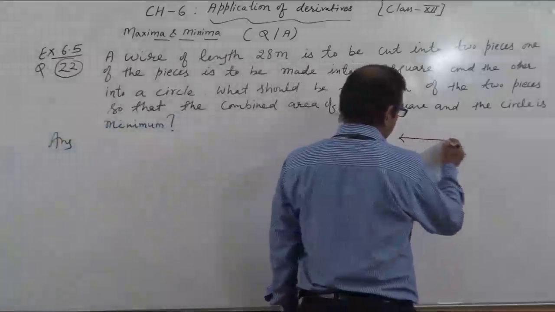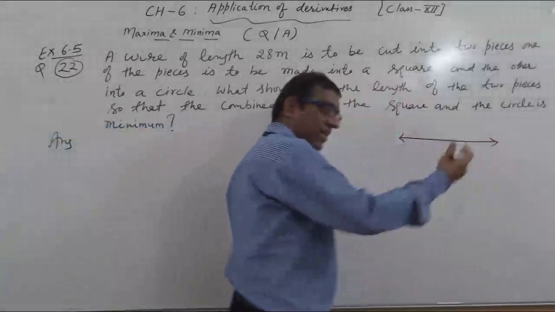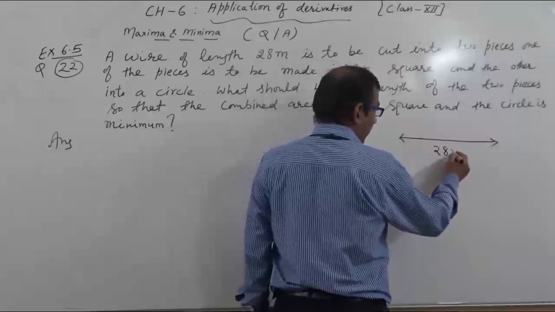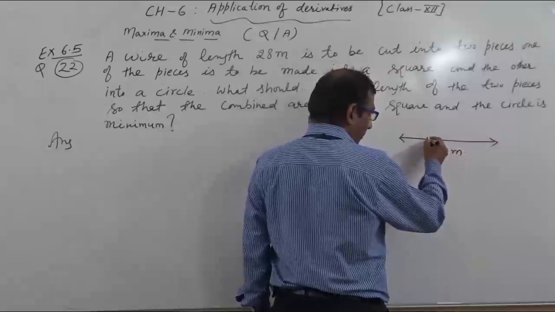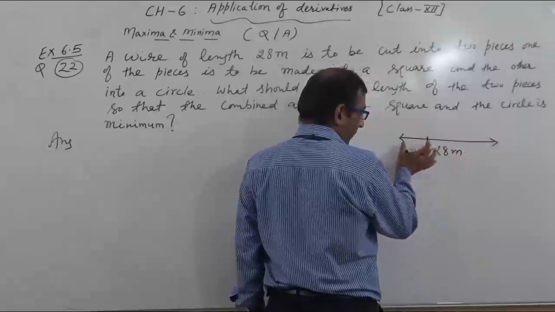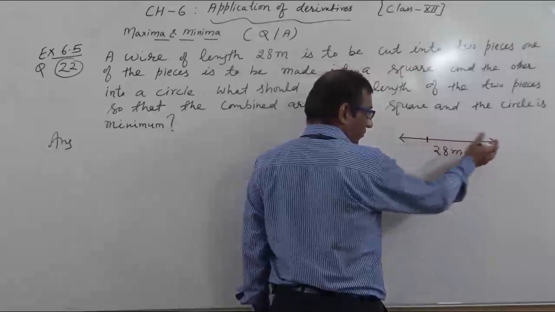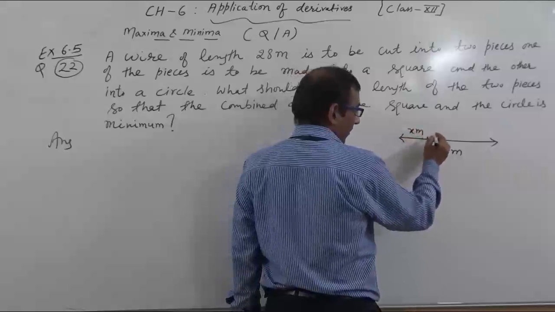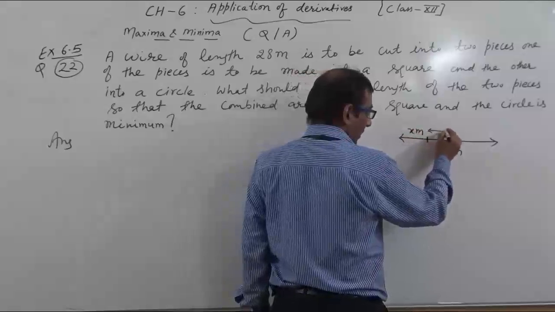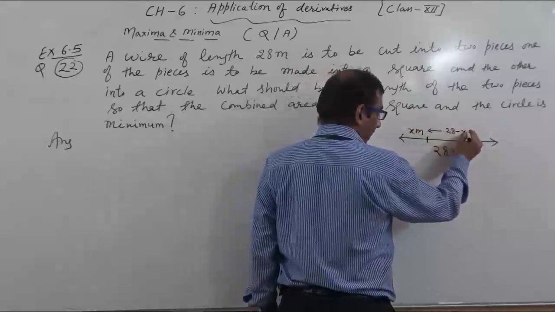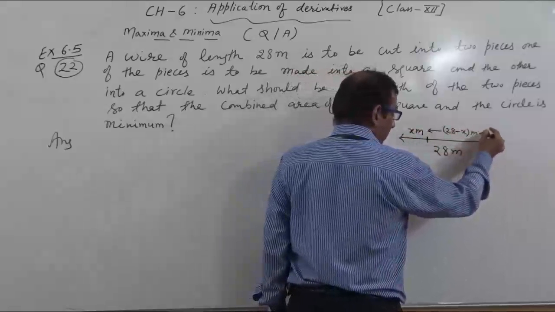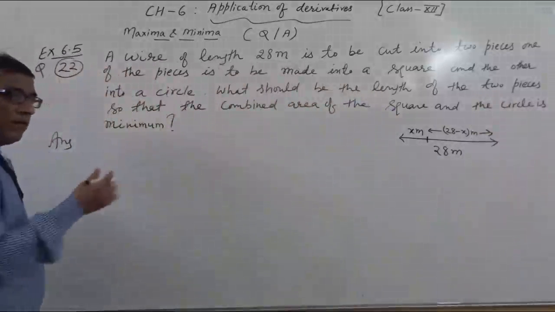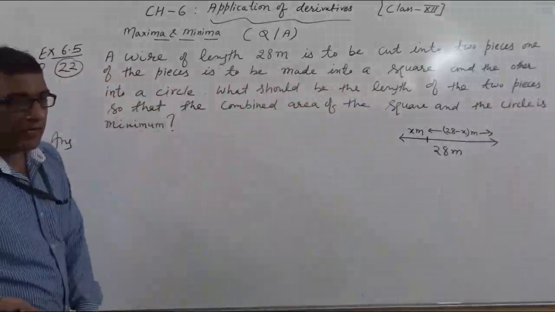Suppose this is the length of the wire, 28 meter. If we cut it into two pieces, one length from this to this and the second from this to this. If this is x meter, then definitely the other is 28 minus x meter. M for meter. So how will we write x or 28 minus x here?